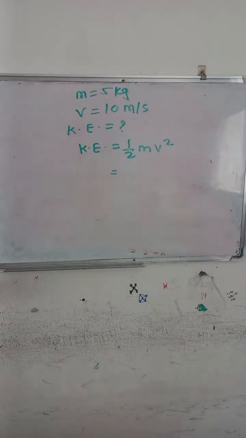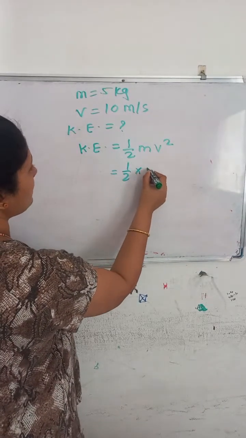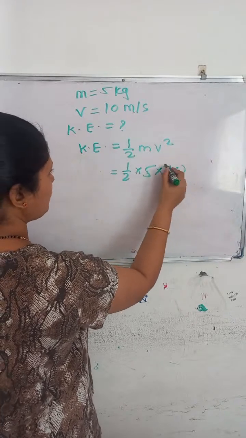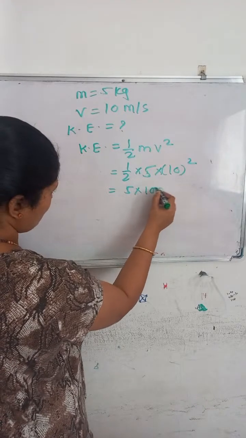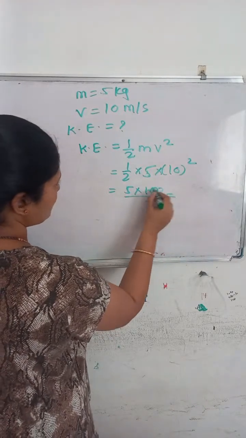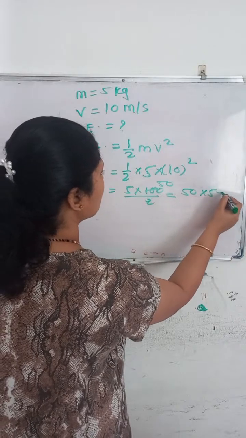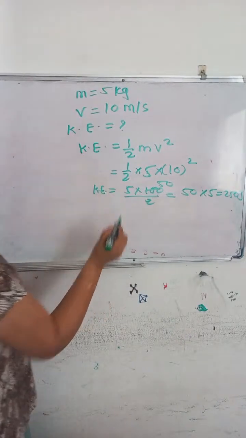Okay, do not write the substituted values directly without the formula, which is wrong. So here we can write half, mass is 5 and v is 10 square. So 5 into 10 square is 100, by 2, so this is nothing but 50. 50 into 5, that is 250 joule, which is the kinetic energy.